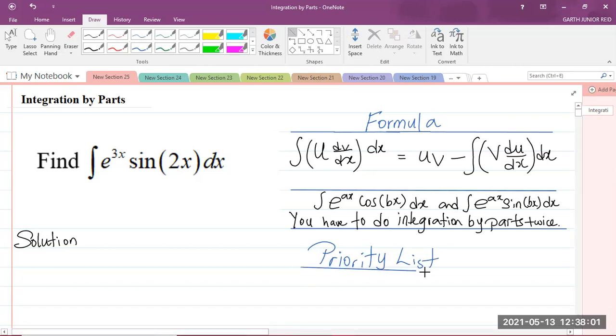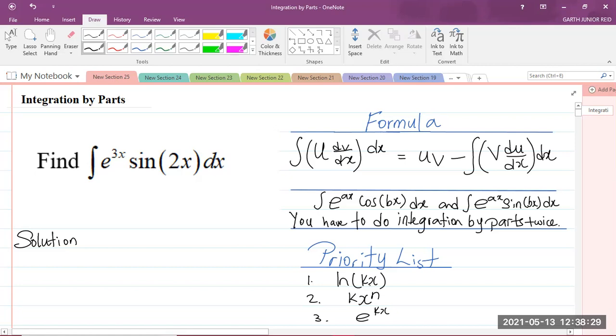The first term is the ln of kx. The second term is kx to the power of n. And the third term is e to the power of kx. Please note that there are no trigonometric functions in the priority list here.